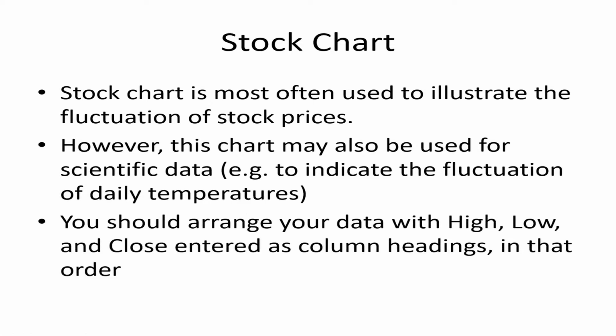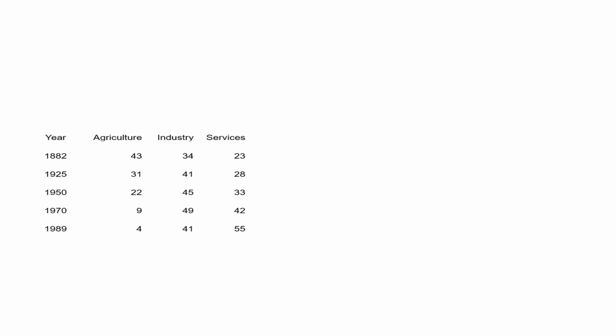The trick is you should arrange your data with high, low, and close entered as column headings in this order. To have the same pictorial image as in the previous slide, you have to put high in the first column, low in the second column, and the close or average in the third column to get the stock chart shown in the previous slide.